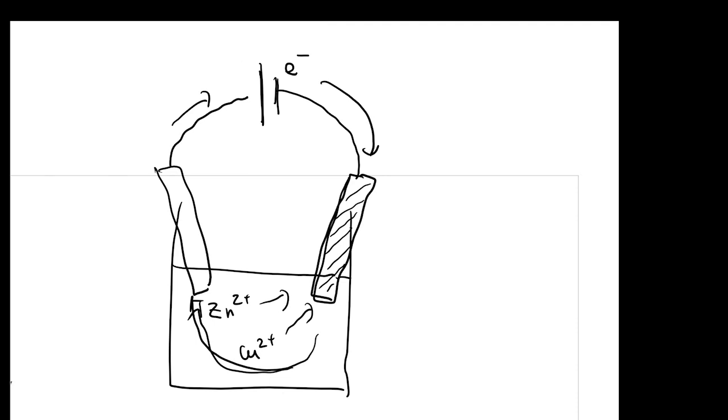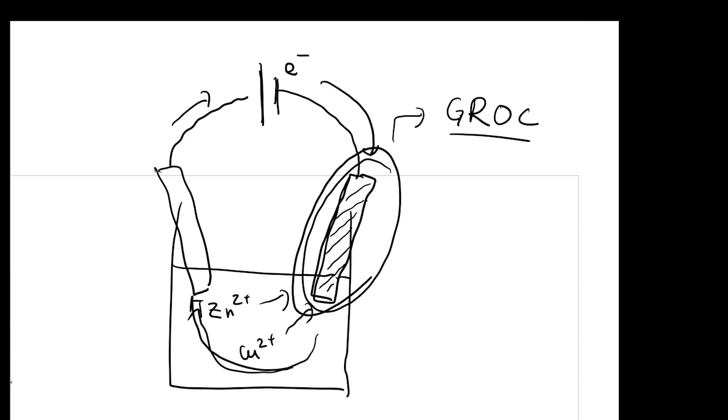Once electrons move to here, you can expect that on this specific electrode, it's going to undergo a reduction reaction, because the cation is going to receive the electrons. If it gains electrons, it undergoes reduction. This is called the cathode. In the electrolysis cell, the reduction still happens at your cathode.